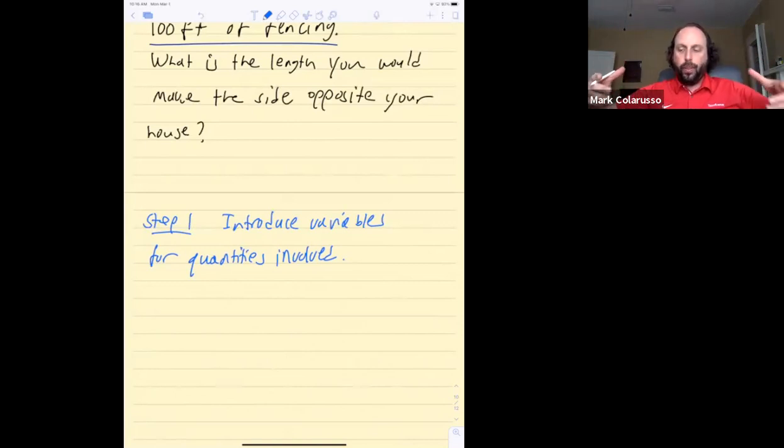That's what I was saying a minute ago. To introduce these variables and to figure out how to write down the function that we need to maximize, namely the area of some rectangle, we need to draw a diagram.